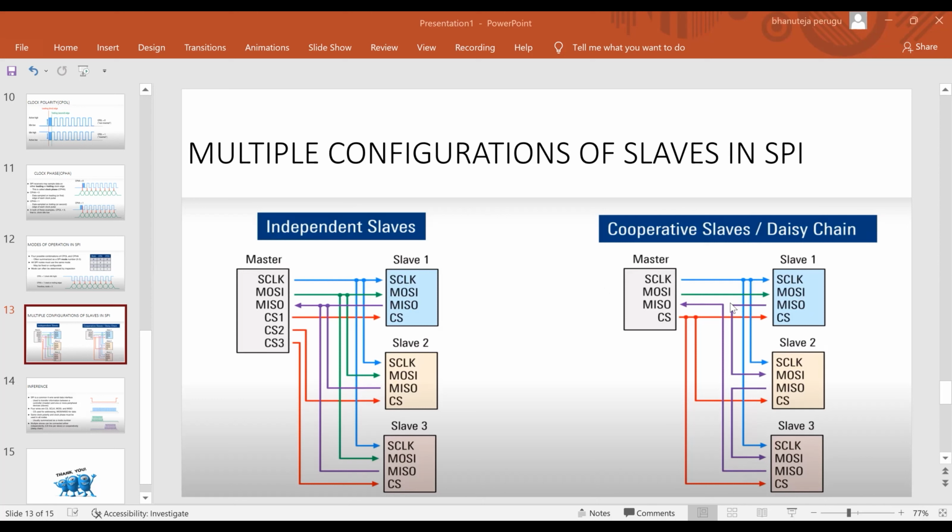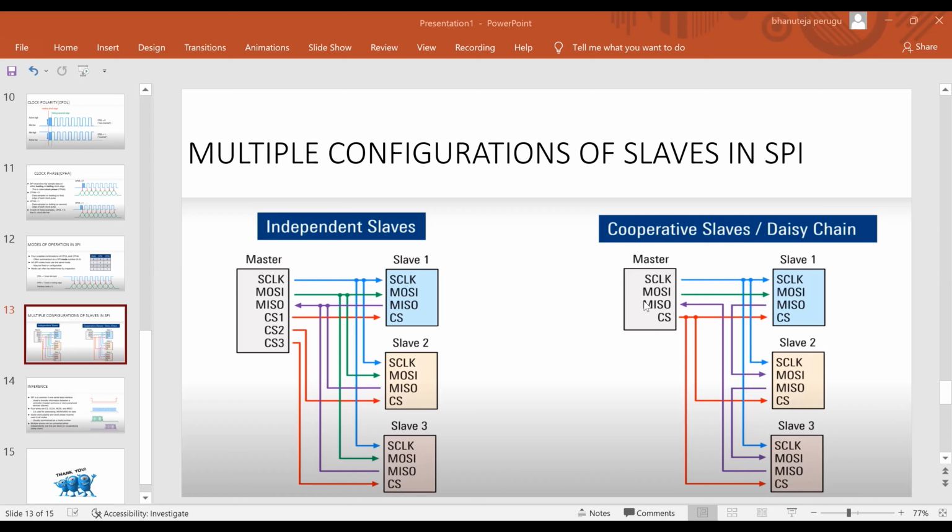So there is no point of involving slave 2 and slave 3 in the middle, but when slave 1 has to talk with the master, slave 2 and slave 3 have to be involved for sure, because the MISO line is directly going to the MOSI of slave 2, and the MISO line of slave 2 is going to the MOSI of the next one, and the output of the last slave line is directly going to the master, right?